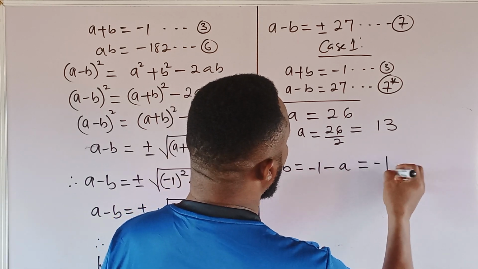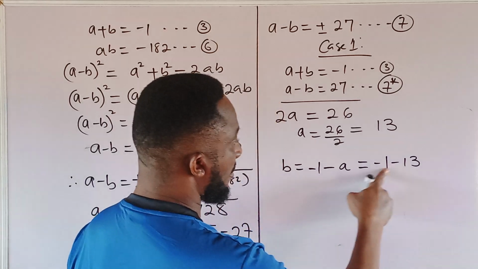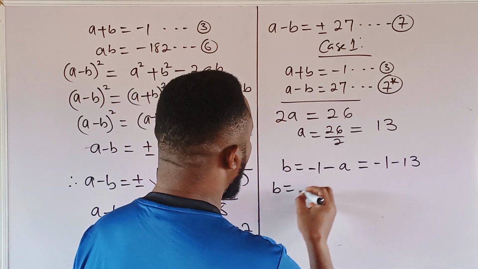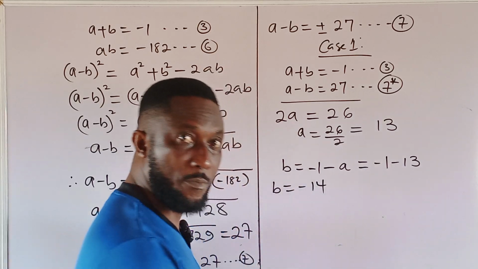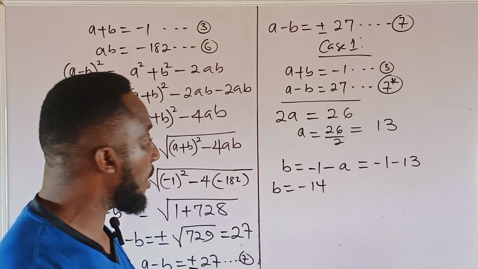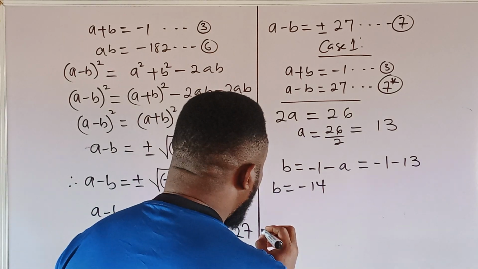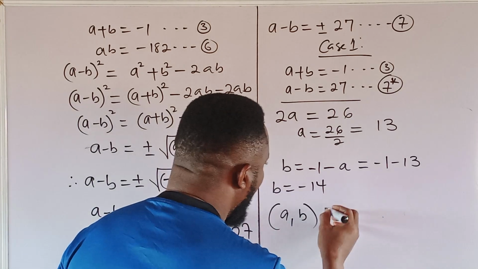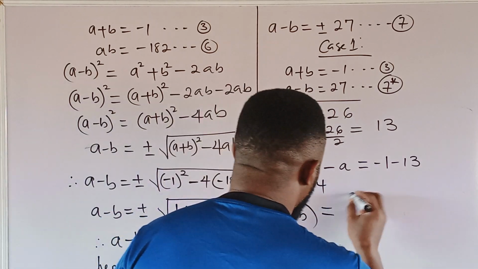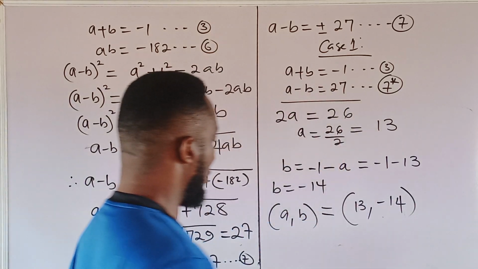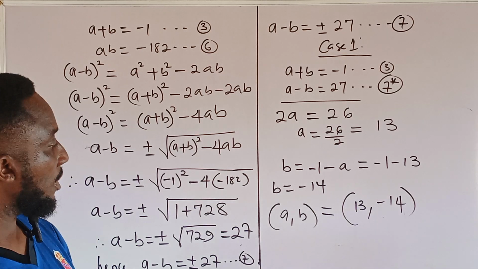That will be negative 1 minus 13, which is negative 14. In coordinate geometry format, the first set of solutions, a comma b, can be written as 13 comma negative 14. So this is the first set of solutions.